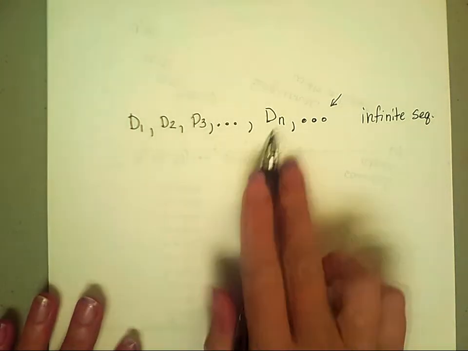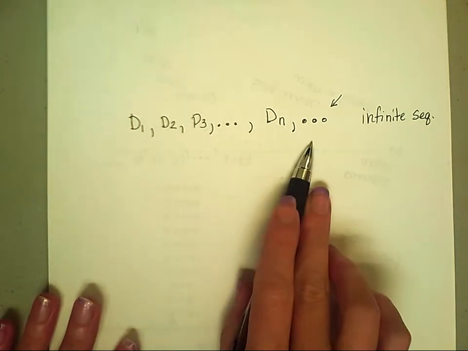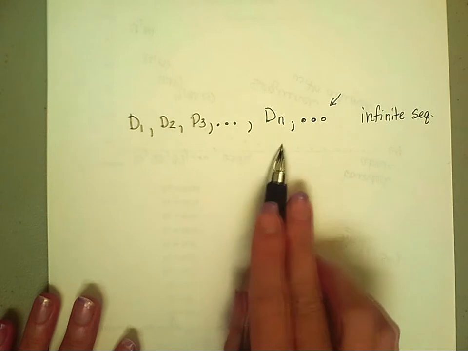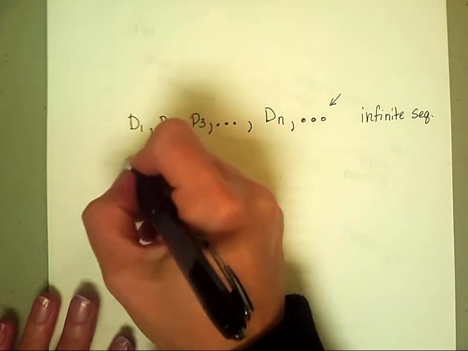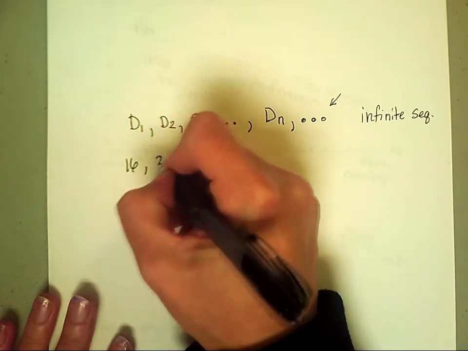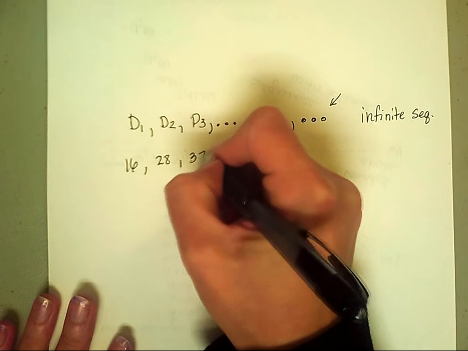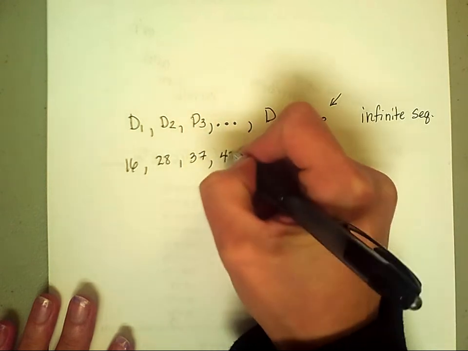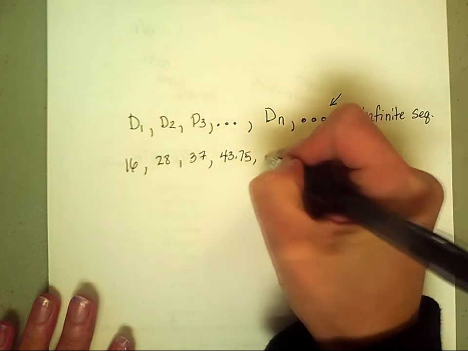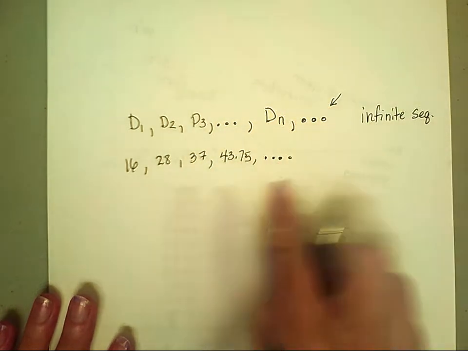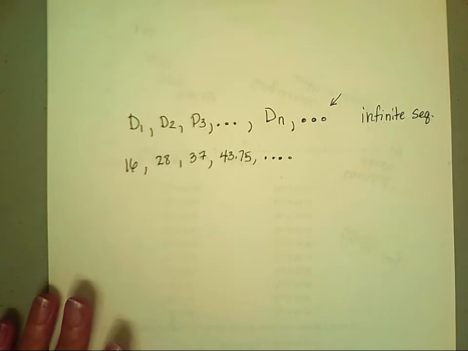Now, I don't know exactly what each one corresponds to, but I know that the first dose was 16, and I know that this is 28, and I know this is 37, we had another one at 43.75. I could also indicate an infinite sequence this way by putting the ellipses in.